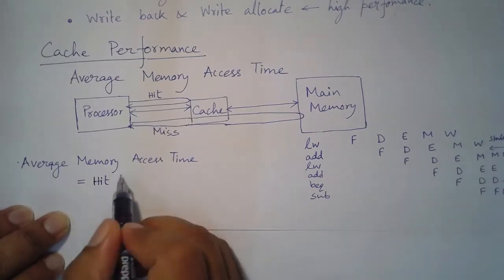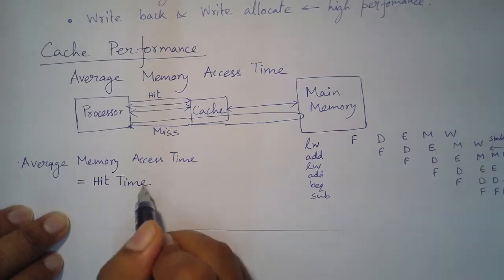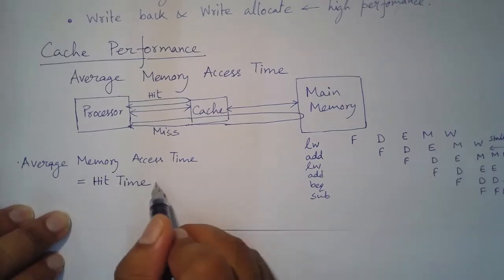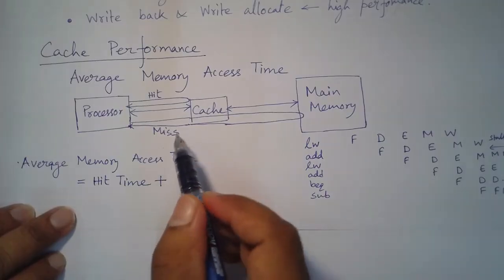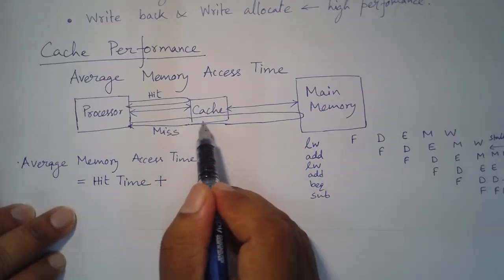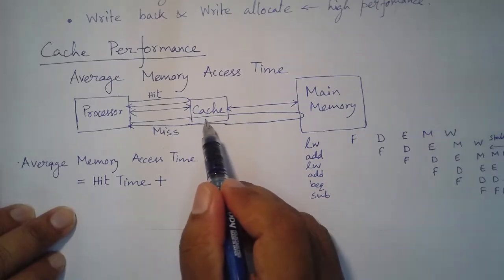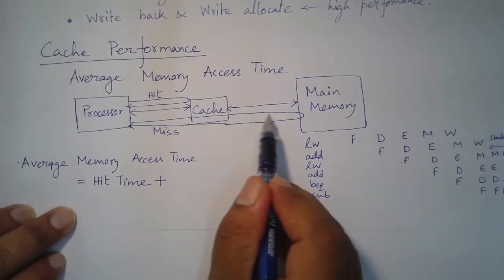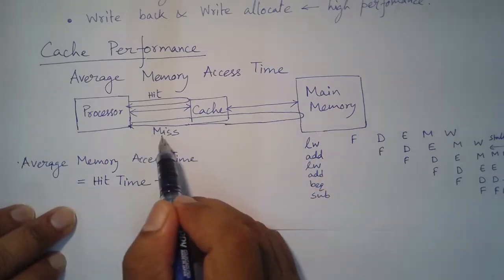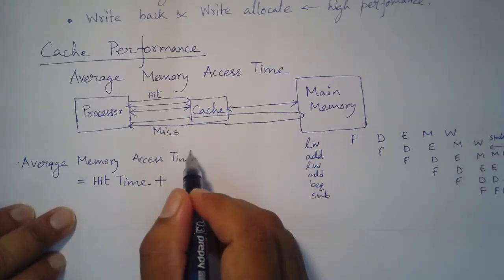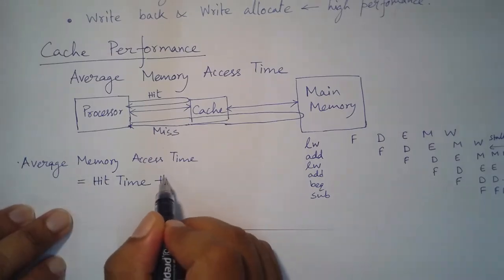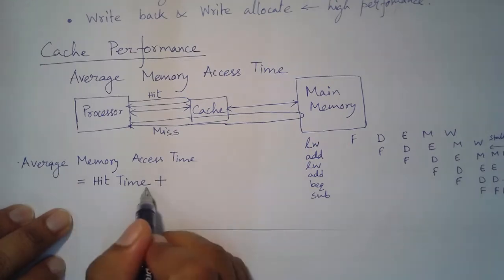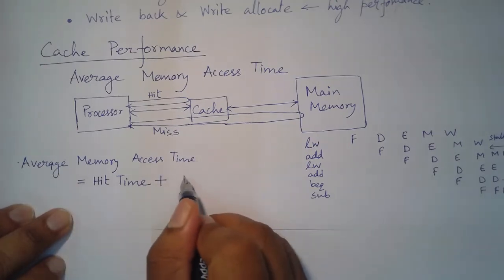All right. Irrespective of whether it's a hit or miss, you will have to spend this time for every memory access. Now, for the memory access requests which encounter a miss, they will have a larger delay, which is called the miss penalty. So the average memory access time for any memory access request is hit time plus the miss rate times the miss penalty.